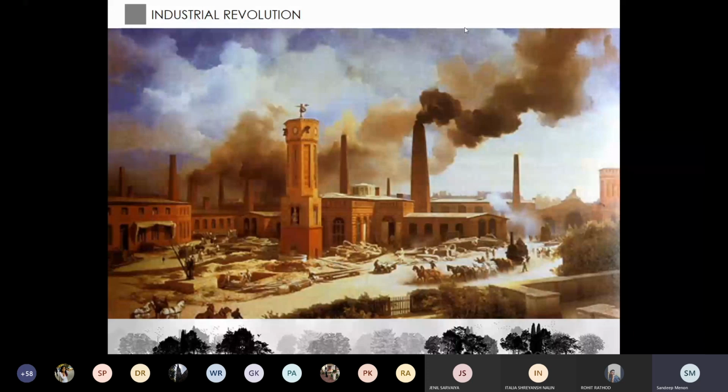Along with this also came a gamut of diseases. Cities started becoming places where plague or cholera or all these pandemics would have outbreaks. And you would be surprised to know how much these pandemics have actually shaped our cities.